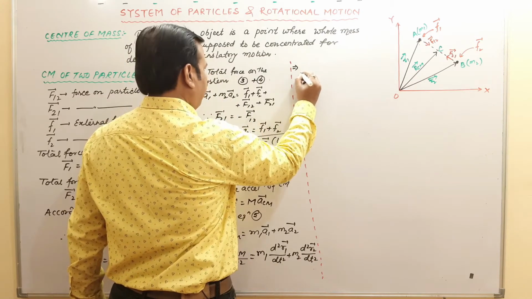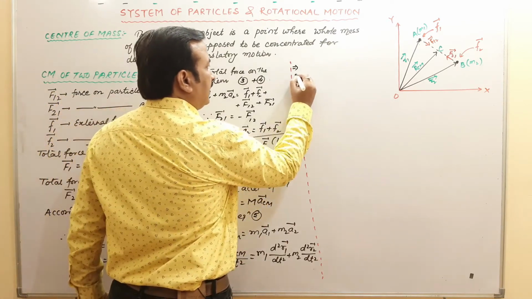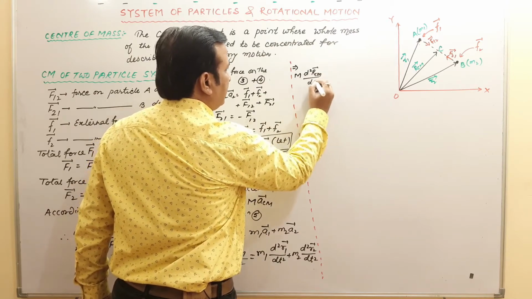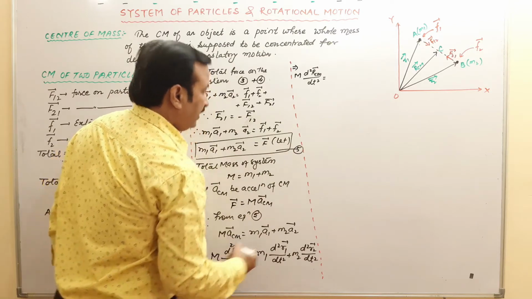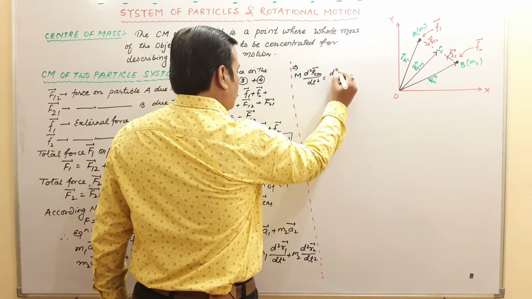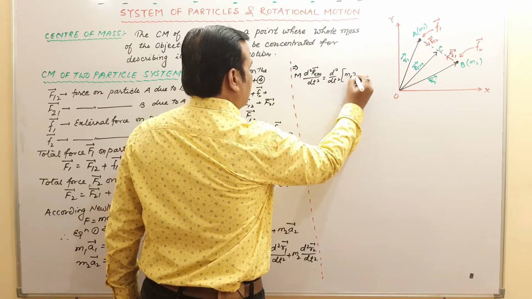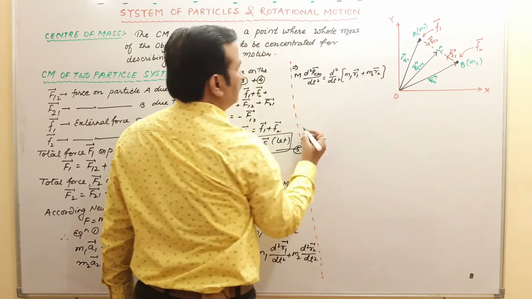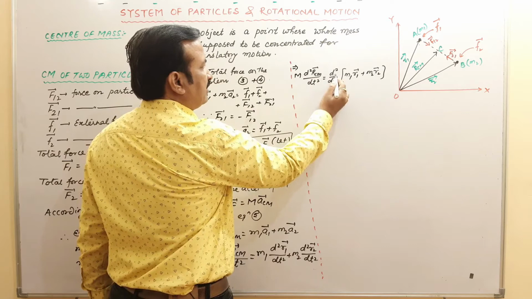So from here M d square RCM upon dt square equal to, taking the vector sign, d square by dt square of m1 r1 plus m2 r2. Second derivative here also.